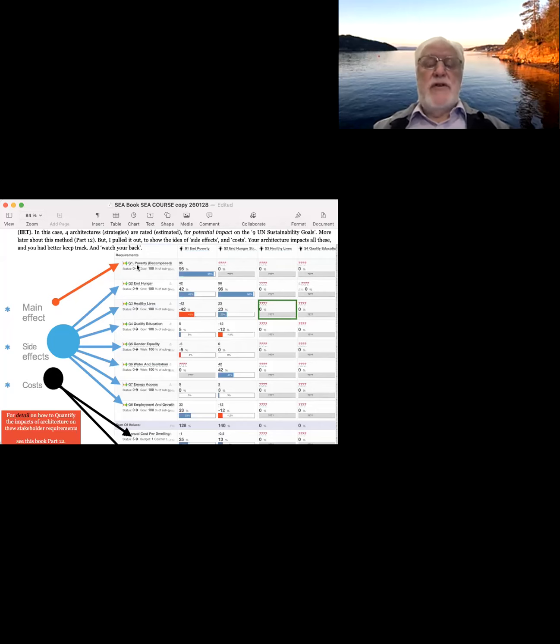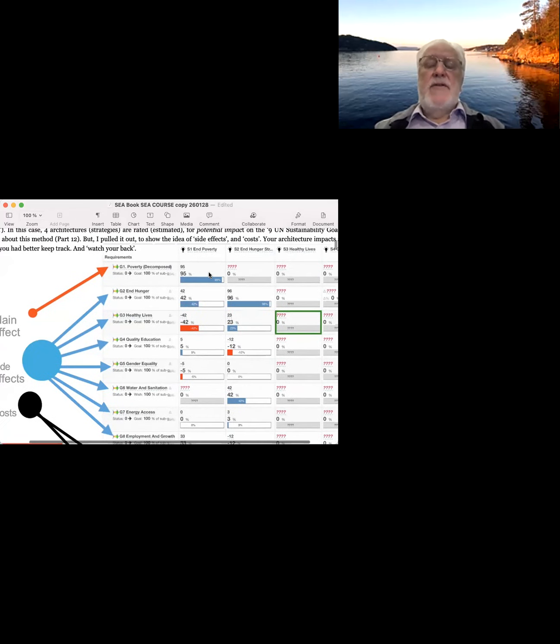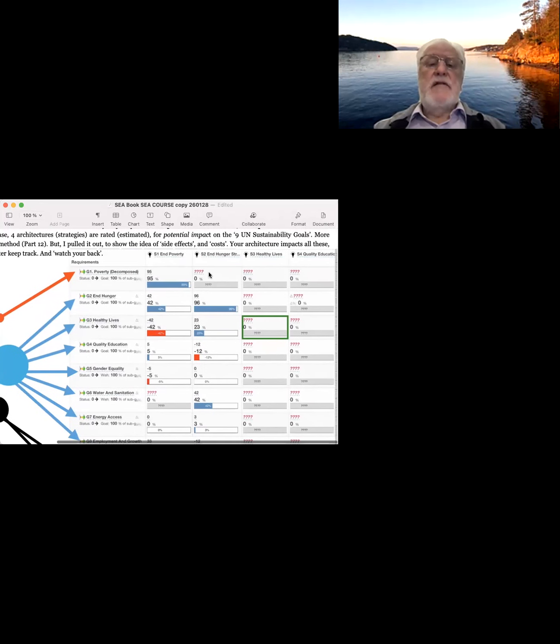So end poverty is actually one of the top 10 goals. And so let's just say we stated the goal. We want 100% ending of poverty here. And then we have various strategies. So we have a main strategy one for ending poverty, which not surprisingly is rated as satisfying our goal 95%.